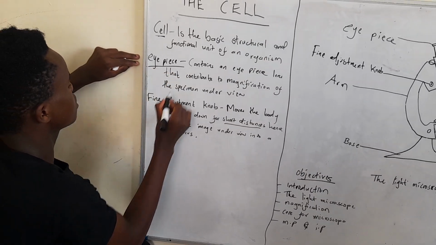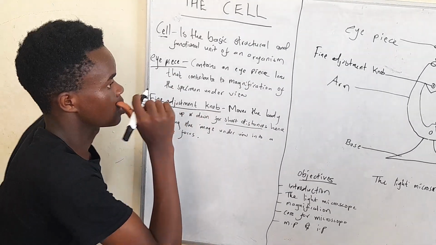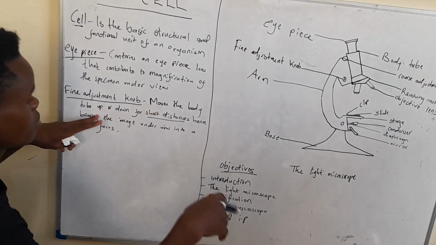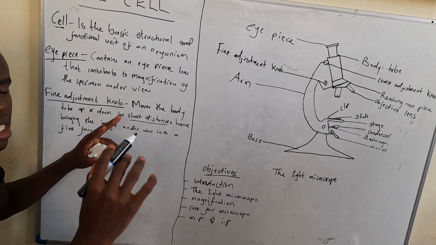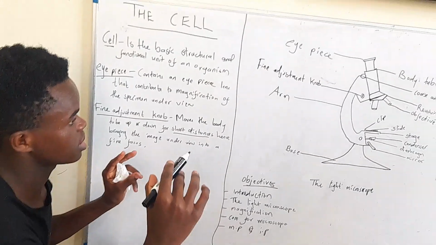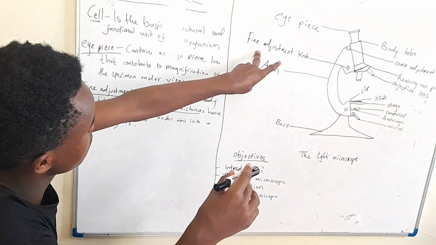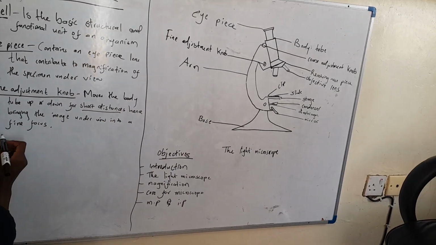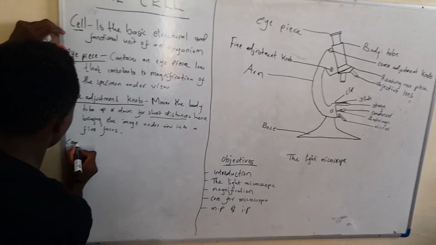We've covered the eyepiece and the fine adjustment knob. It moves the body tube up or down for short distances, hence bringing the image under view into a fine focus. Now what about the coarse adjustment knob? It's just the opposite.